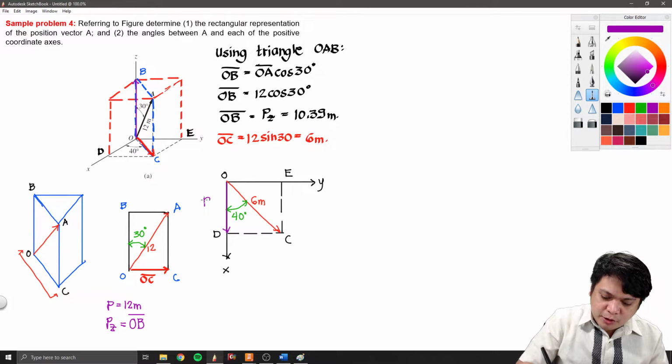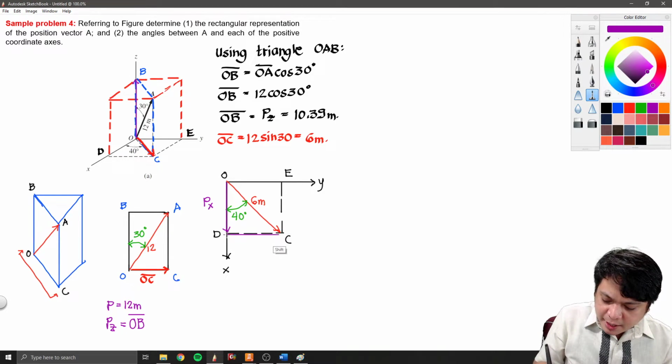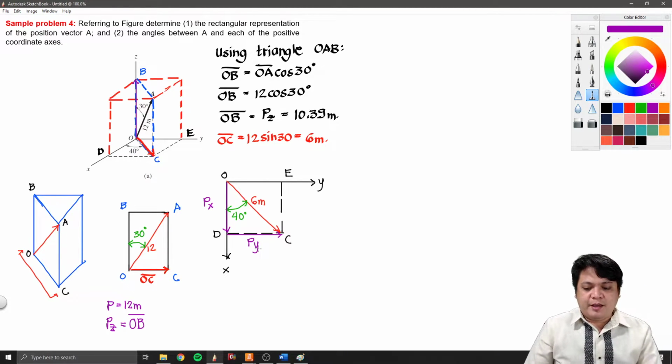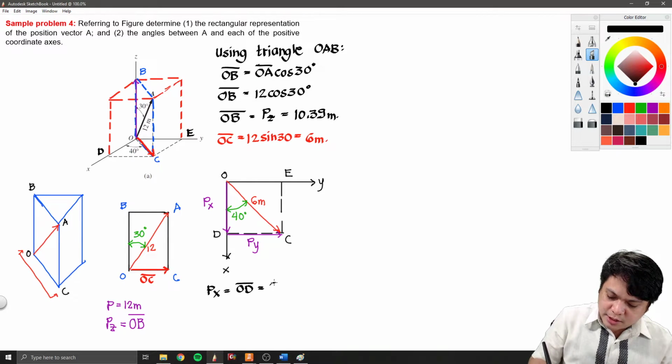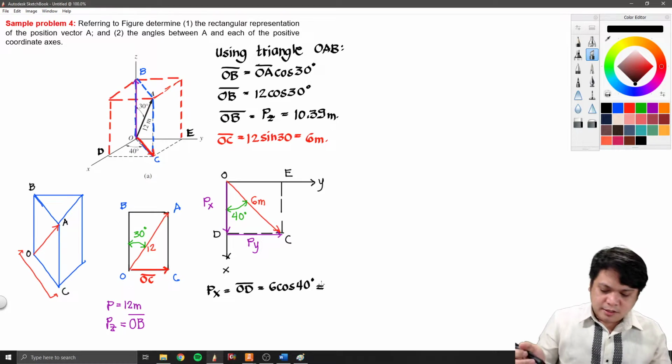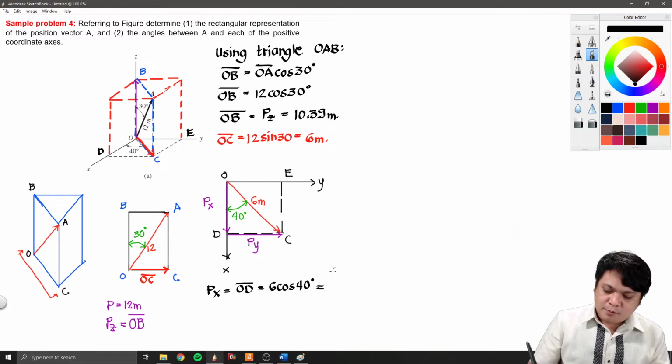This is also your P sub X. And this side na parallel naman dun sa ating Y, that is your P Y, the segment DC. So now we can have the PX, and that is just the segment OD. So that's 6 cosine of 40 degrees, and that's 4.60.